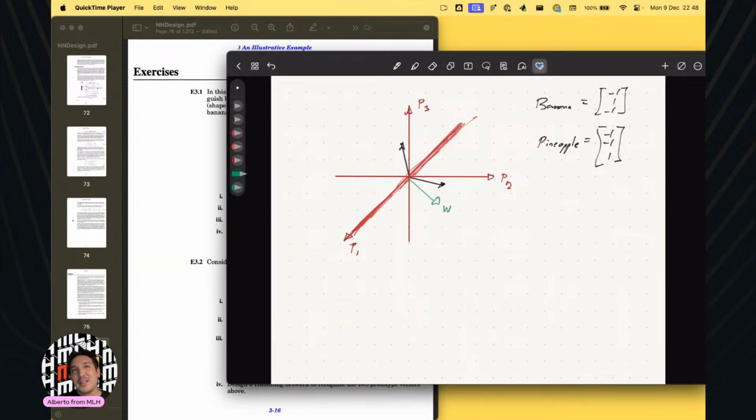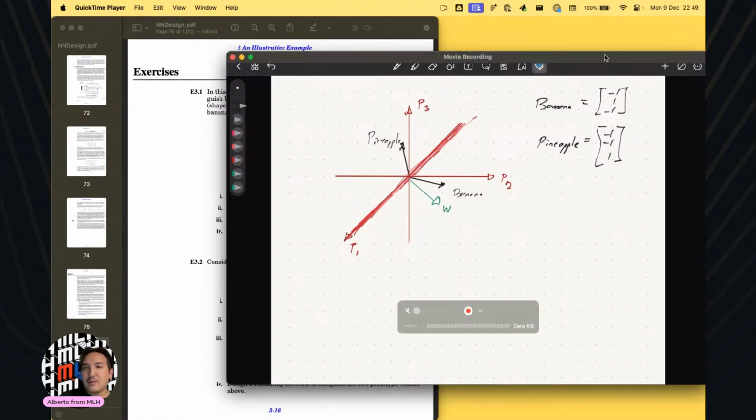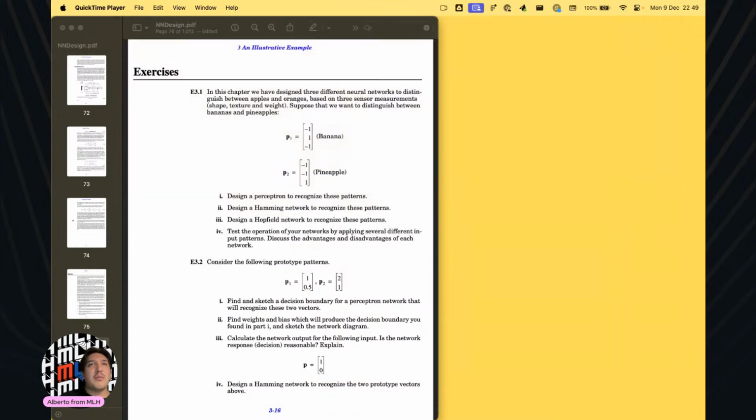This one was banana, and this was pineapple. So banana will be classified as the positive one, and pineapple will be classified as the negative one. That's simple.